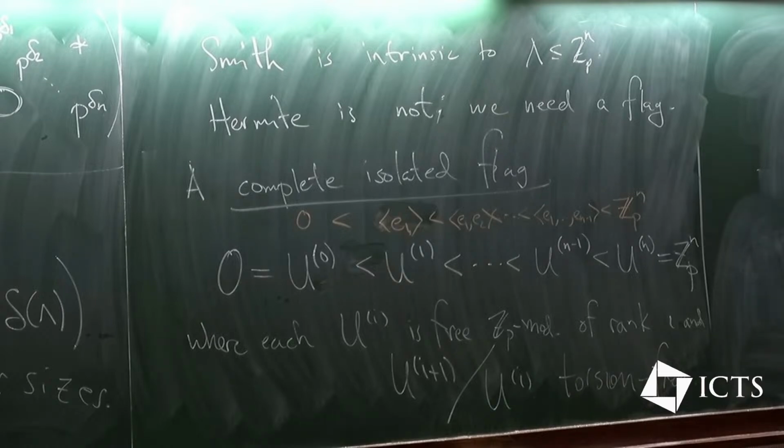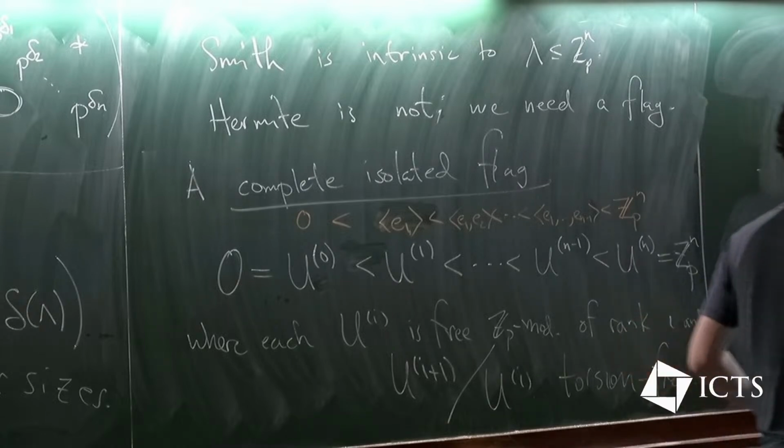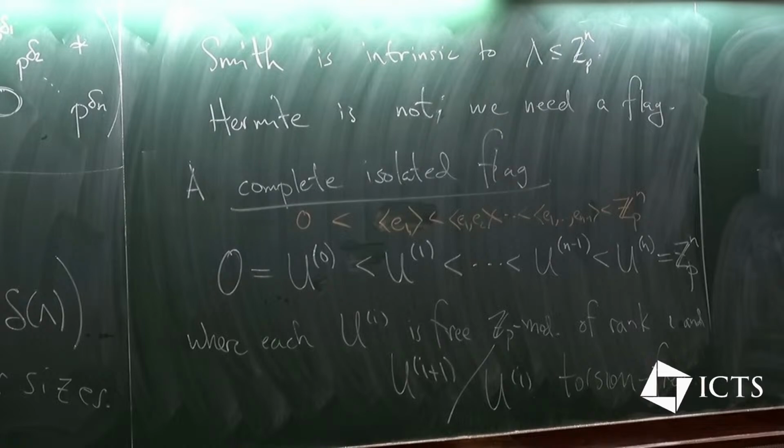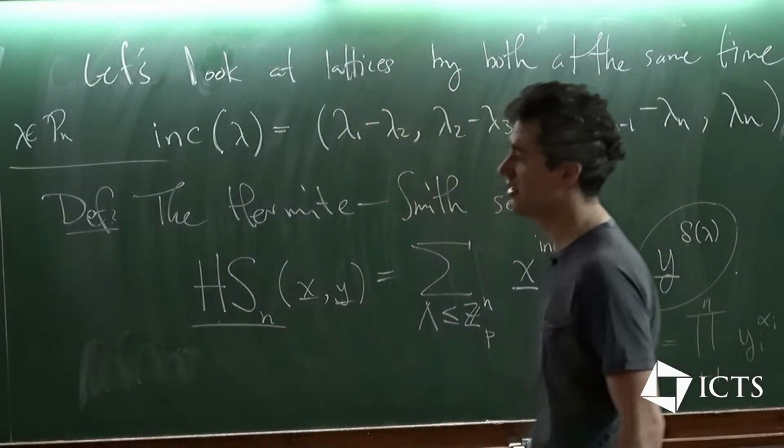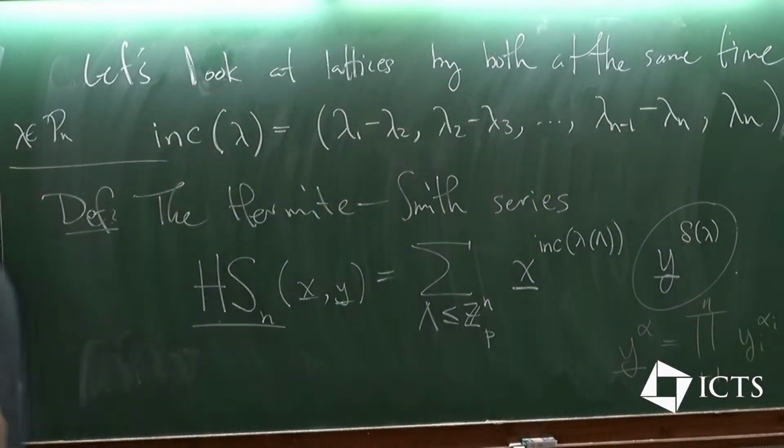So what we're going to do throughout the rest of the lectures tomorrow is look at this series, HS_N. And actually, I think the tool to use to understand this is going to be tableaux. These are the combinatorial objects to understand HS.